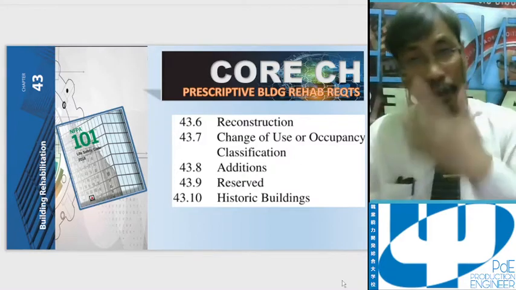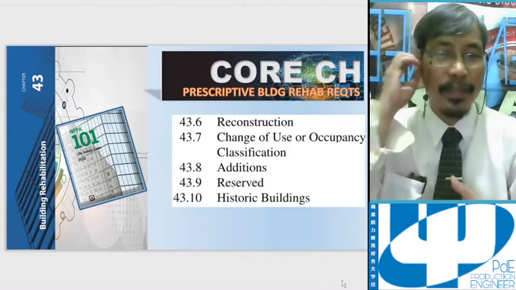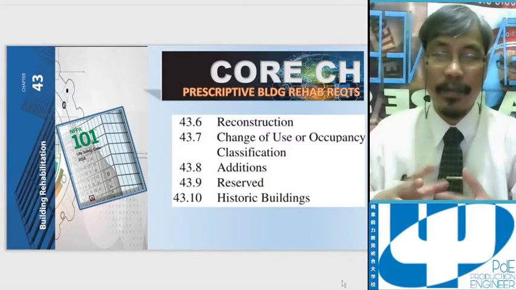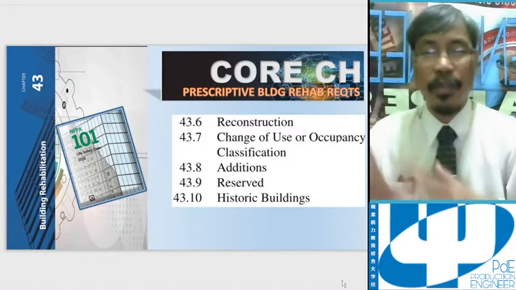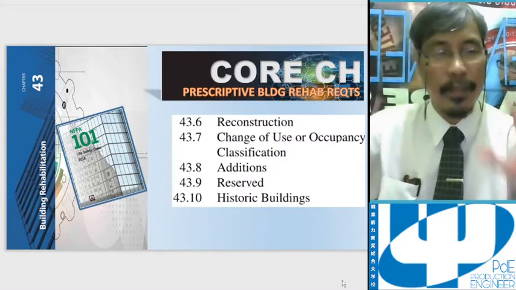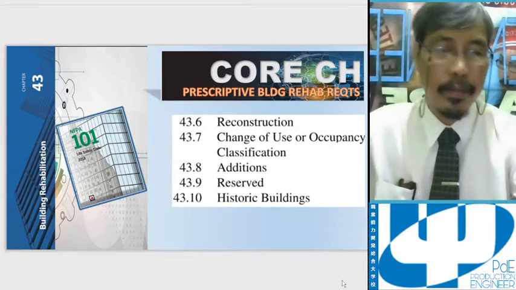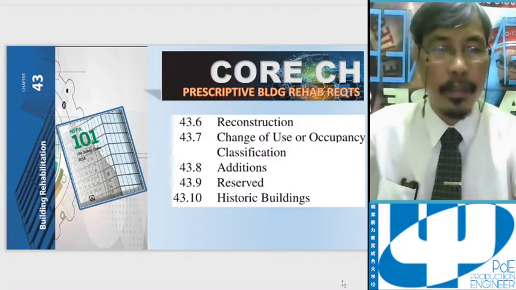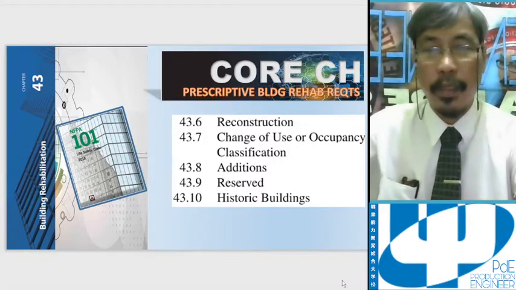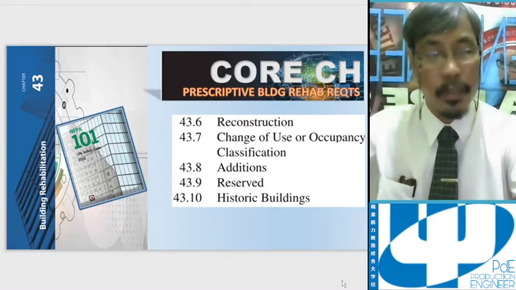They are old buildings, okay? So they are using old materials. Because of that, there is a specific section for it. So that is actually what it is all about, the rehabilitation requirements.